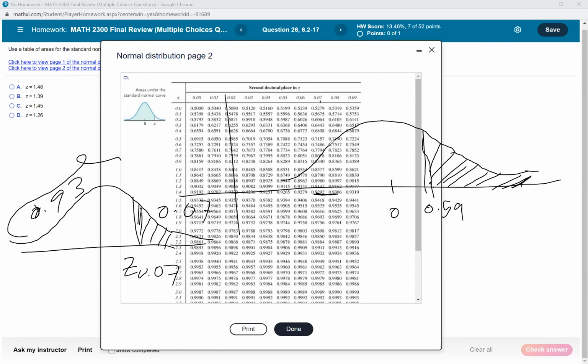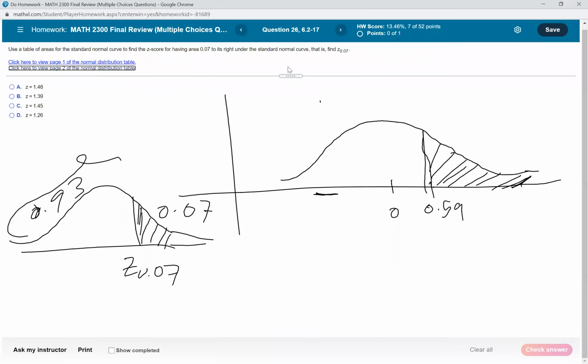So 0.93 is closest to 1.48. We'll consider the z score to be 1.48, or you can take the average, but here they didn't take the average. So the answer is 1.48.